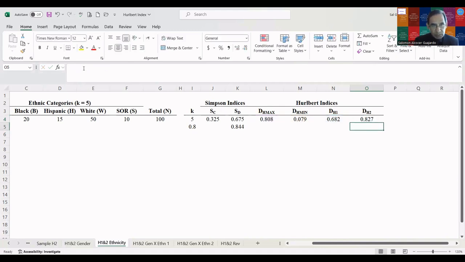So that gives me a relative diversity score of 0.827. Again, there's a relative probability that two individuals of different ethnic groups will come in contact with each other. It also means that the organization obtained 83% of the relative maximum score. Again, that's applying it to the ethnic data.